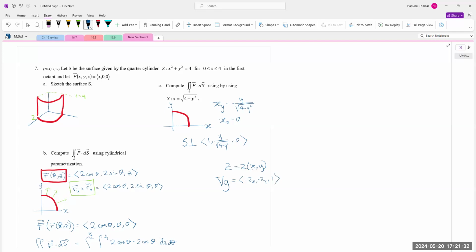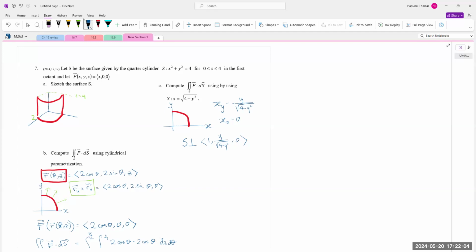Okay, so if I change this so x is a function of y and z, then the gradient will be 1, negative x sub y, negative x sub z. Okay. Now that's the surface normal to it.